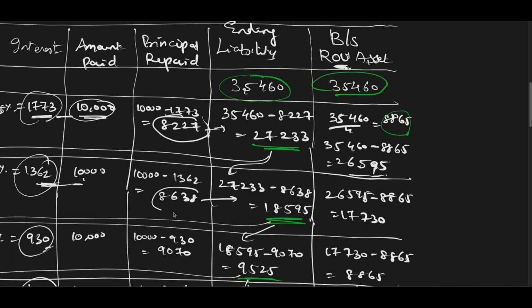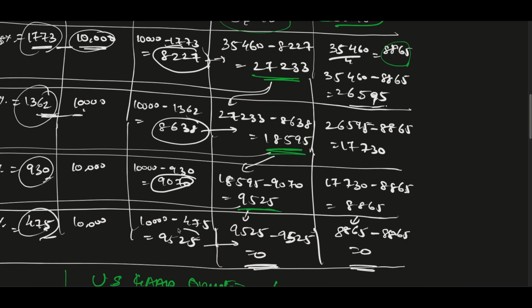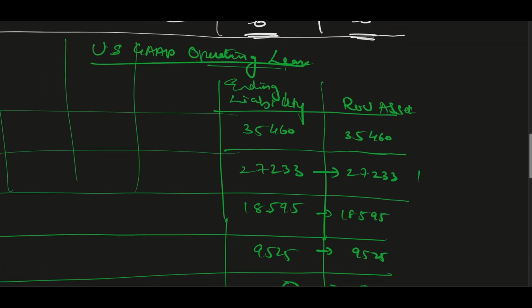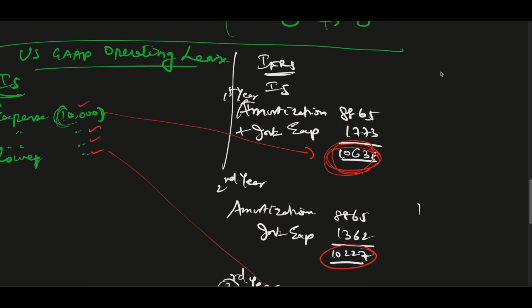These are principal repaid: 8227, 8638, 9070, 9525. So this will be shown separately as cash flow from financing.